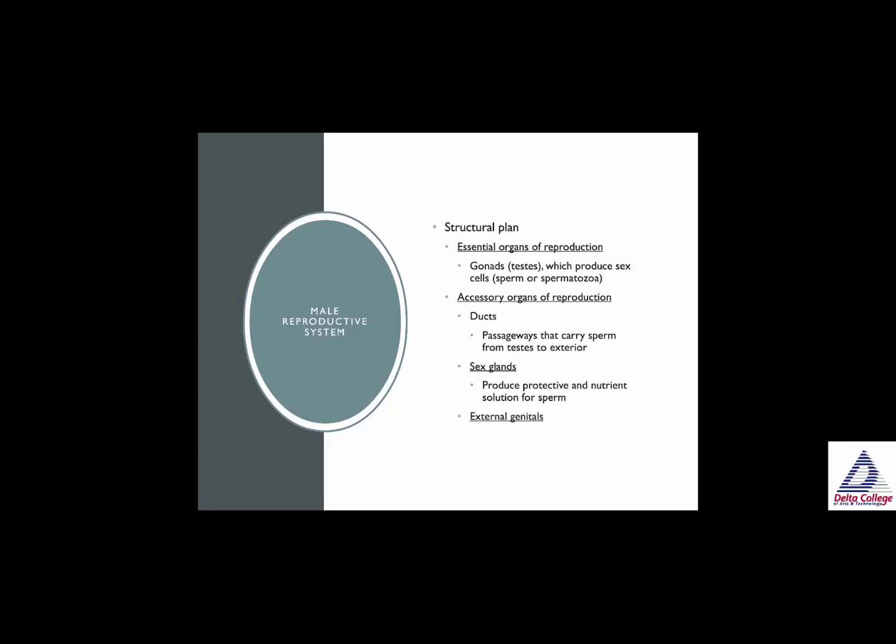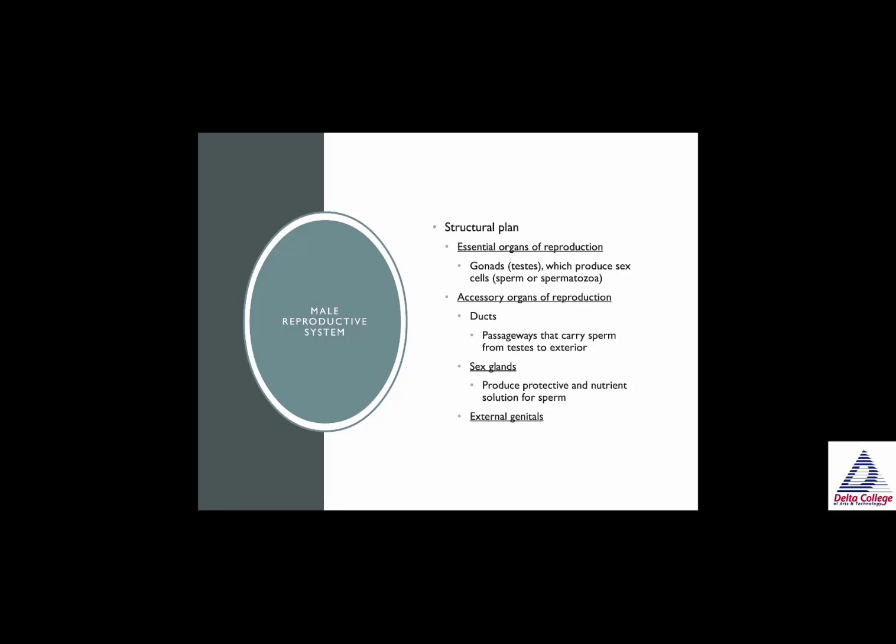So in the male reproductive system, the essential organs of reproduction are the gonads known as the testes. That is the essential organ, which produces sex cells called sperm or spermatozoa. Accessory organs of male reproduction include ducts, sex glands, and external genitalia.